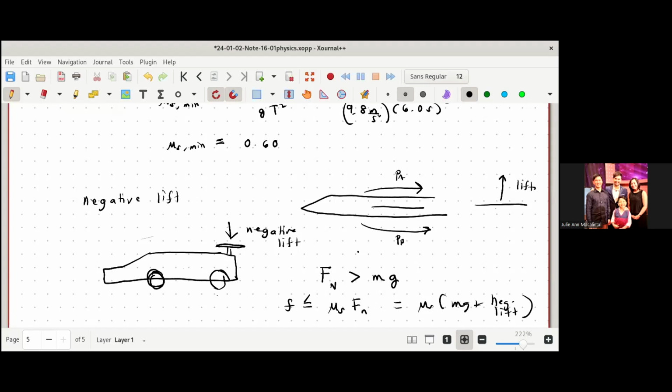Ano kasi, yung nagli-limit ng acceleration ay yung tires. If the tires slide, hindi ka makakapag-maximum acceleration or braking. Ayaw mo mangyari yun. As much as possible, gusto mo on the verge of slipping, but not slipping. So finding that balance para mag-accelerate at mag-decelerate ng yung largest possible acceleration and deceleration. Okay. So at least that's what negative lift is.